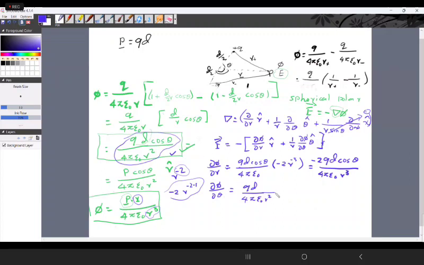So what is the differentiation of cos theta? Anyone? Okay, that should be minus sine theta, right? So minus sine theta. So here we have minus q d sine theta over 4 pi epsilon naught r squared.